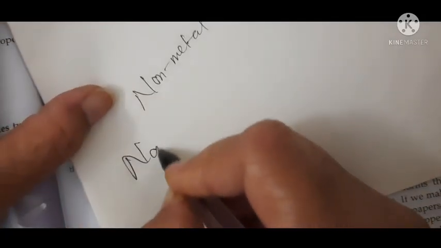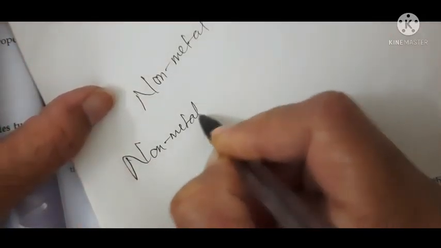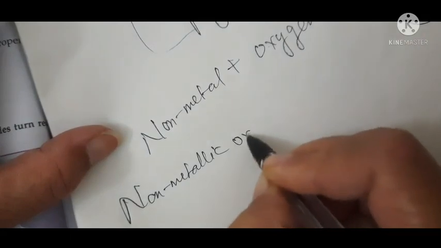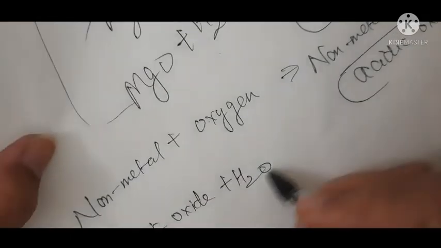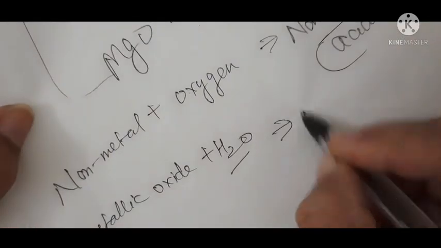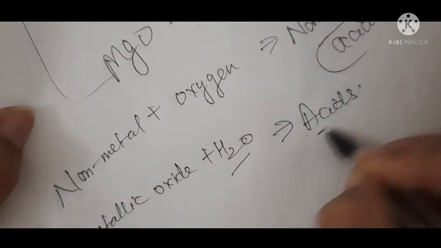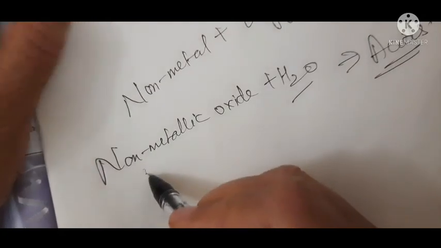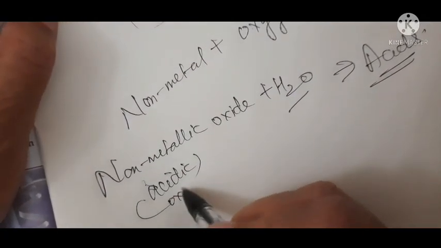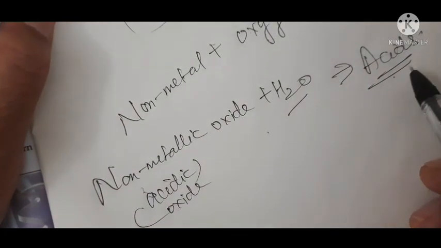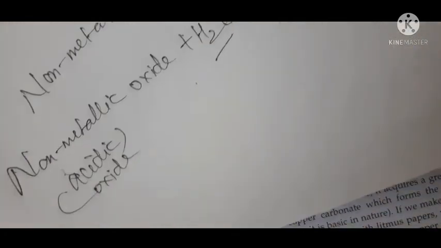These non-metallic oxides in water will give you acids. Non-metallic oxides are acidic oxides. In water they will give you acids. This blue litmus will turn red.